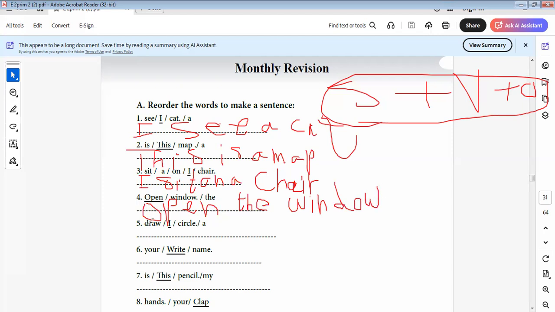Open the window. Here it will be I draw a circle at the end of the thing. Let's continue the rest of the exercise.